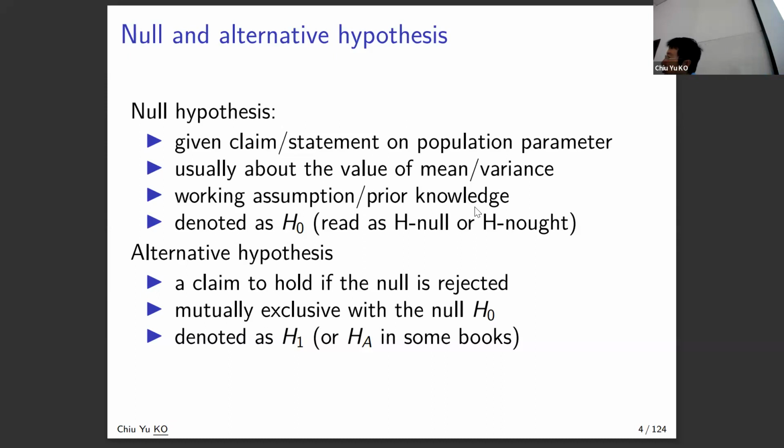It's the thing that we already have from previous estimation, or the thing we want to test. The alternative is the thing that we would like to keep if we reject the null. Usually they are complements, but sometimes not, and you will see more today.